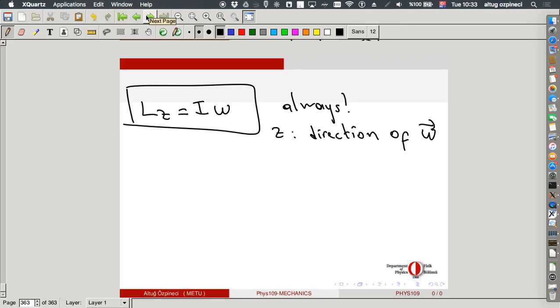For example, for this object, if you rotate it around this axis, angular momentum will be in the direction of angular velocity. If you rotate it around this axis, again it will be in the direction of the angular velocity. But if you rotate it through such a weird axis, the angular momentum will not be in the direction of the angular velocity.